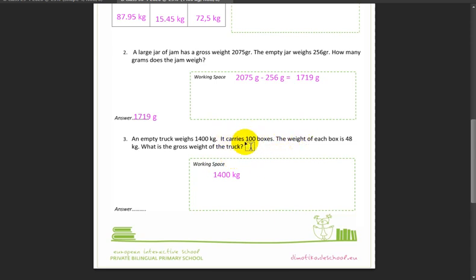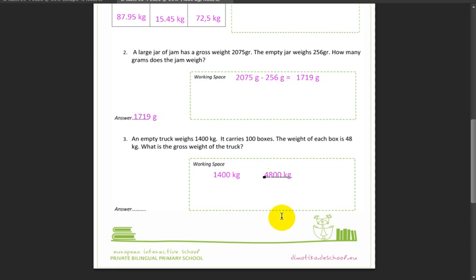It's asking us basically to first figure out the net weight because it's saying there are 100 boxes, and each box weighs 48 kilograms. So the net weight would be the weight of all the boxes, not just one box, right? So knowing the weight of one box, I can figure out the weight of 100 boxes by multiplying 48 times 100. 48 times 100 would give me 4,100 kilograms. That is the weight of all the boxes.